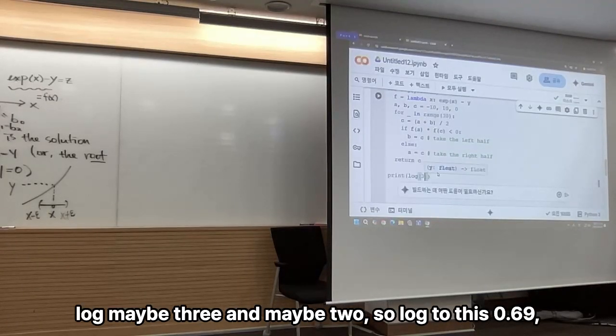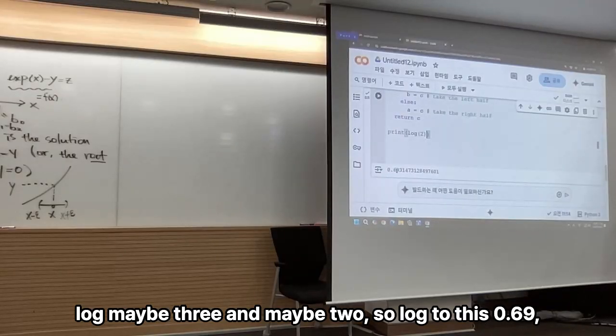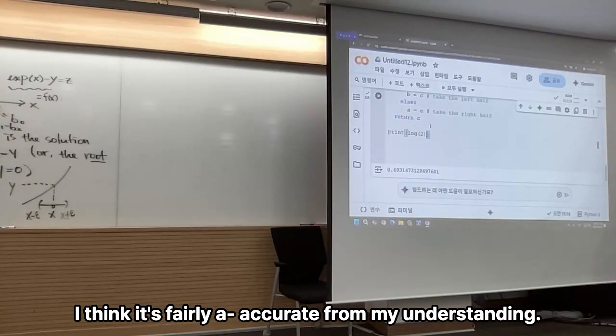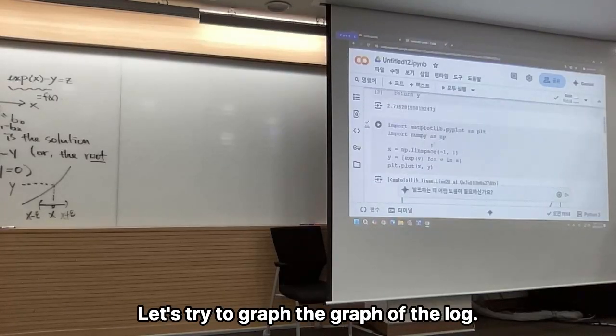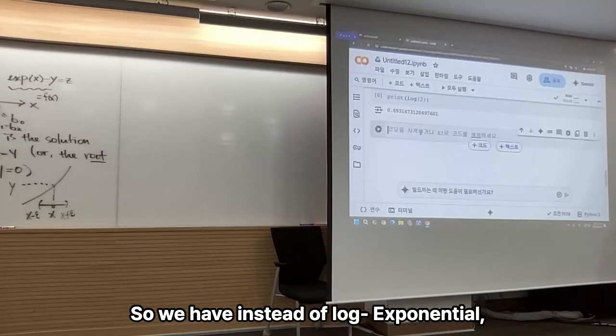Log maybe 3 and maybe 2. So log 2 is 0.69. I think it's fairly accurate from my understanding. And let's try to graph it. Let's try to graph the graph of the log. So instead of exponential, we have log.